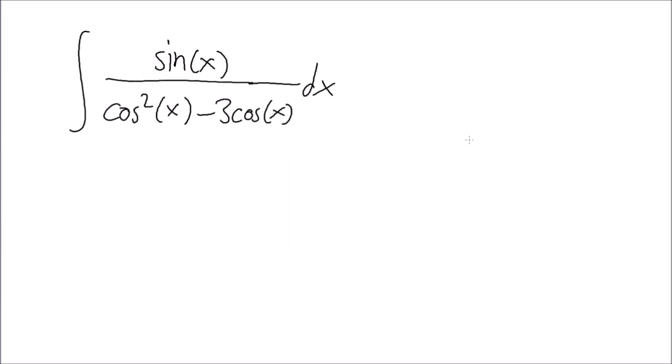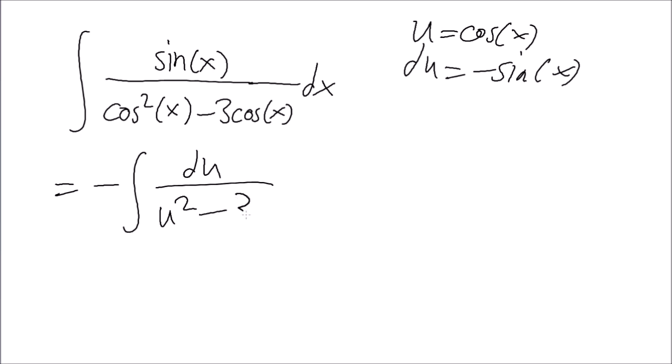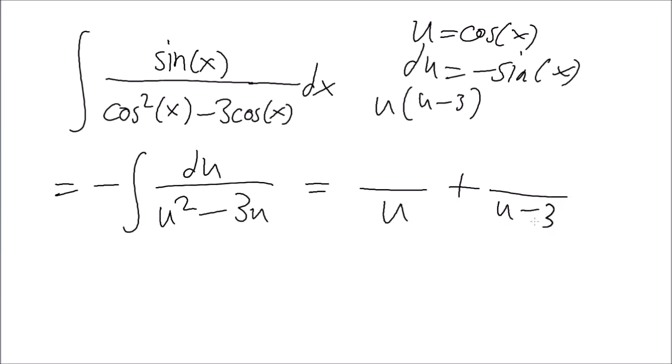We have a similar type again, u sub, u equal cosine of x. Then we get du of negative sine of x, so we'll have to do a negative here. Negative du over u squared minus 3u. This factors out to u minus 3. Okay, so then we have u minus 3.